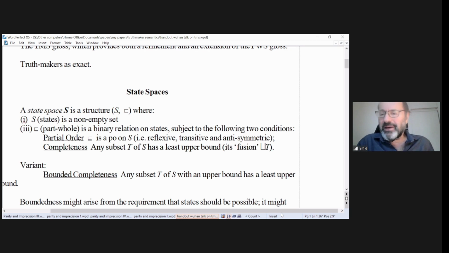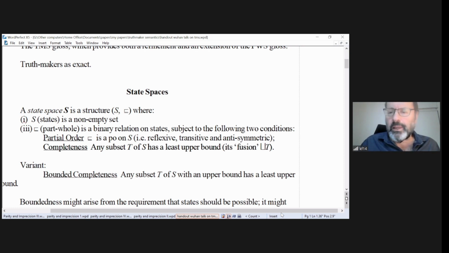It just automatically obtains because it has no real content. Also, if you take the set of all states, that will also have a least upper bound, the state that lies above all the other states and contains them as parts. That's sometimes called the full state. So this structure will have this null state at the bottom and this full state at the top.